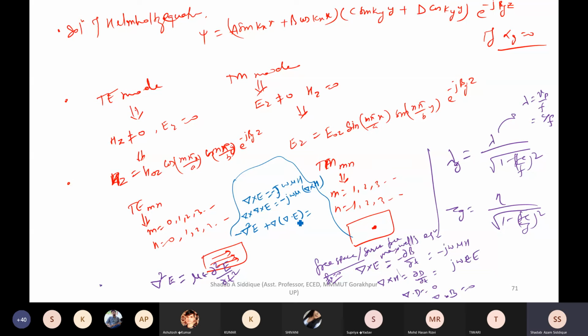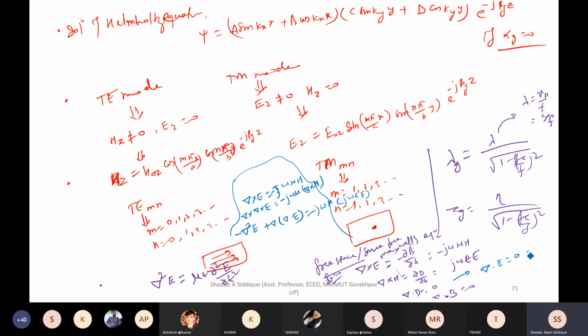So the gradient of divergence of E is shown here. Now minus j omega mu, and we have curl H equal to j omega epsilon E. Now can we have this divergence of E? Divergence of E is nothing but divergence of D, where D is equal to epsilon E. So divergence of E is also 0.